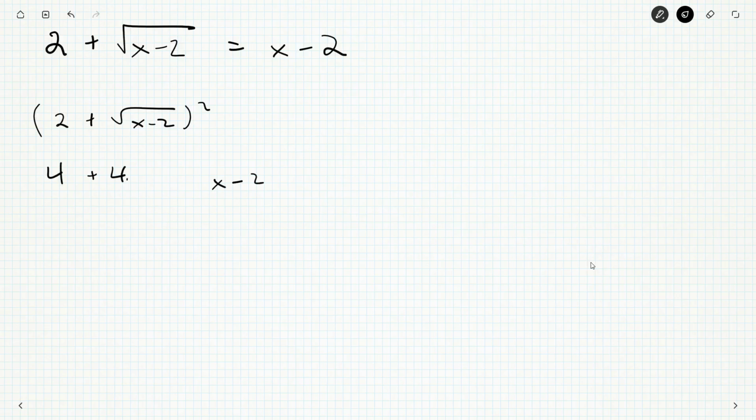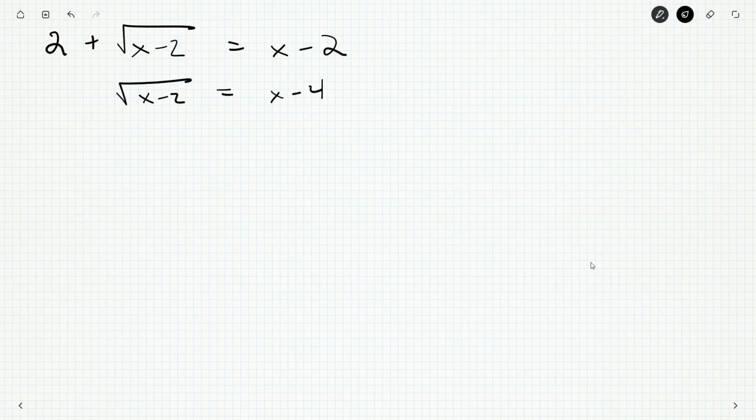But then I'm going to have 4 root x minus 2, and so I haven't really gotten rid of my square root sign. And this is something that can help you with more algebra manipulations in more complicated questions. Just get the square root by itself on one side of the equation. So we're just going to bring the 2 over to the other side with an x minus 4.